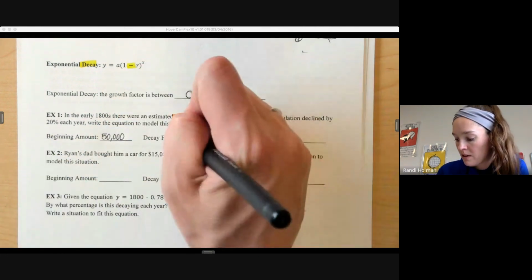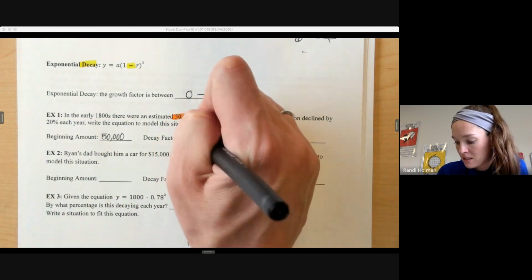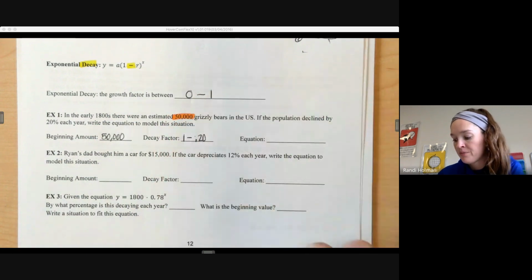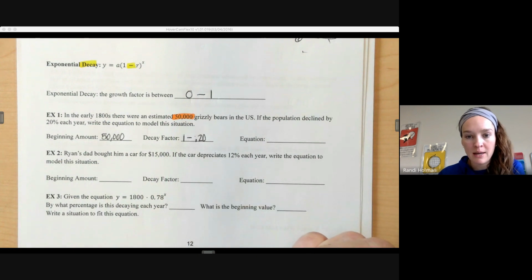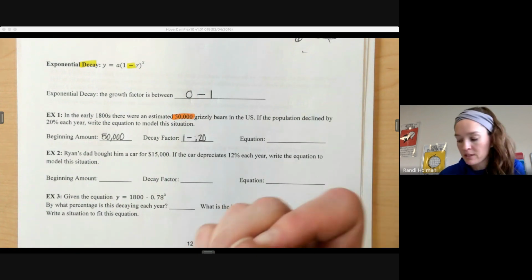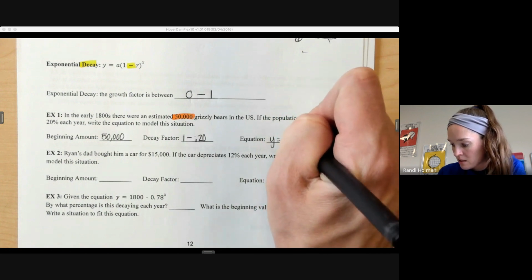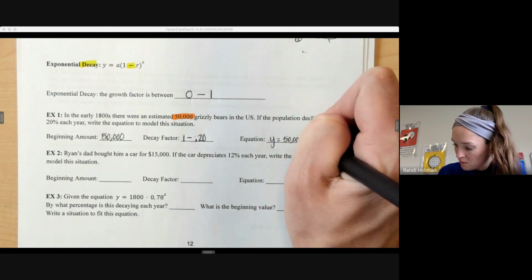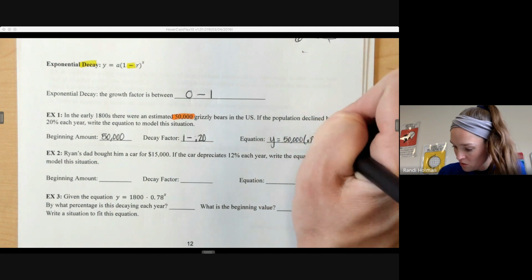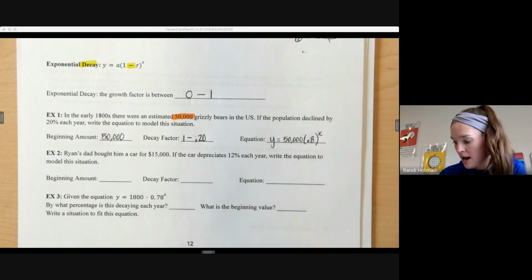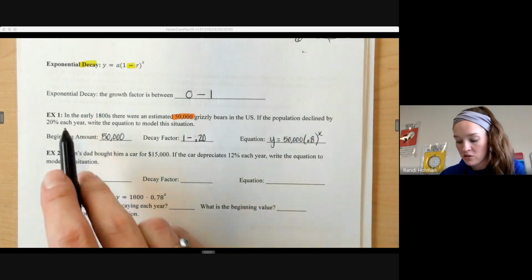So this is where it's a little different. We do 1 minus 20%, which means we have 80% of the grizzlies left. That's really what we want. So our equation here is y equals 50,000 times 0.8 to the x, where x is the number of years.